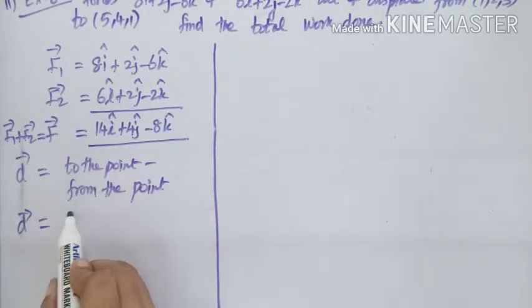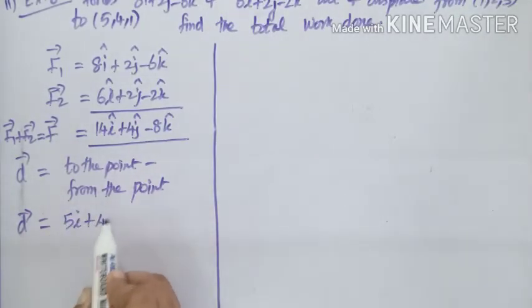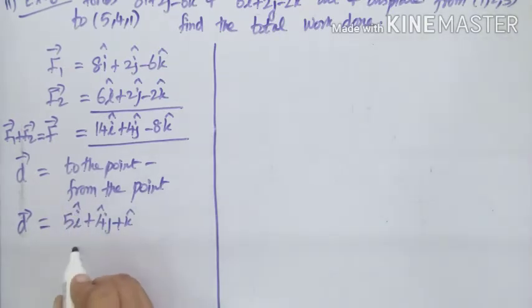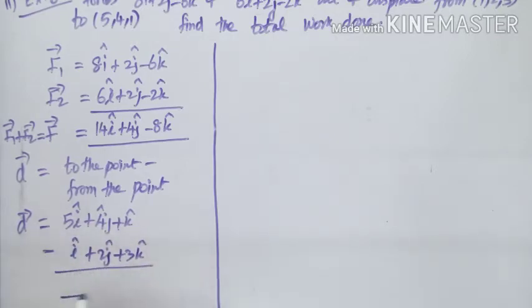So to the point is 5i plus 4j plus k. From the point is i plus 2j plus 3k. We need to subtract. 5i minus i is 4i. 4j minus 2j, 2j, and k minus 3k is minus 2k.